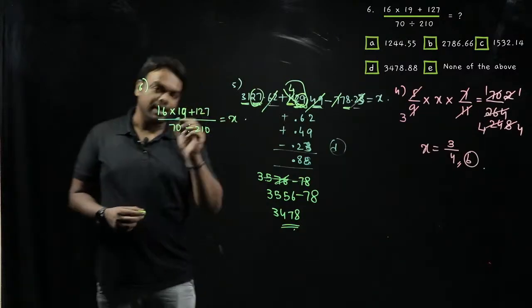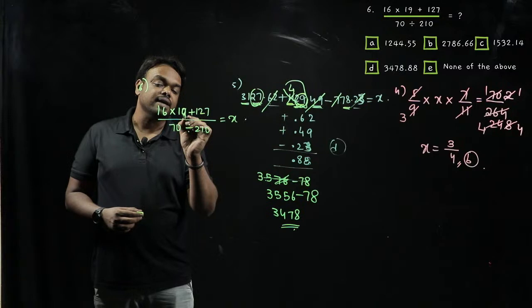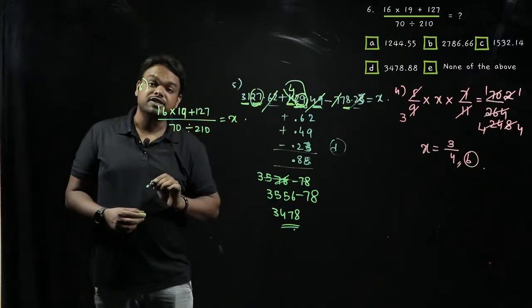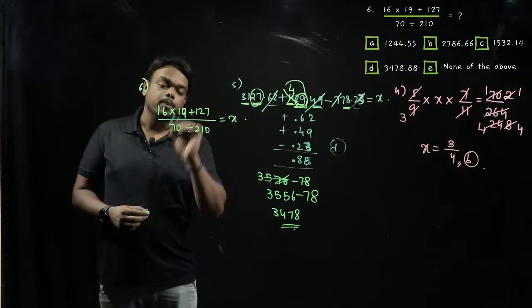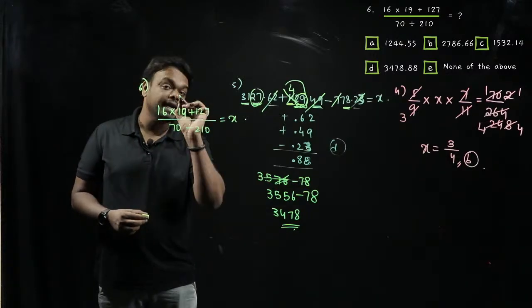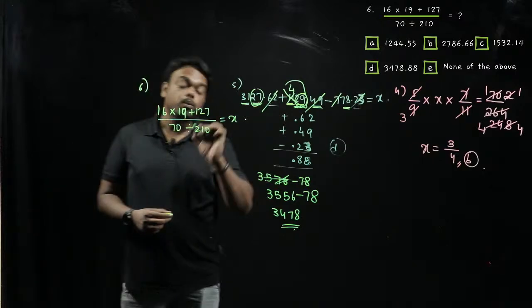What we have to do? Look, in these kind of cases, if there is a multiplication and an addition, you cannot cancel the numerator and denominator. So what to do? We have to work out the full answer. Now you will get to know how important tables are.